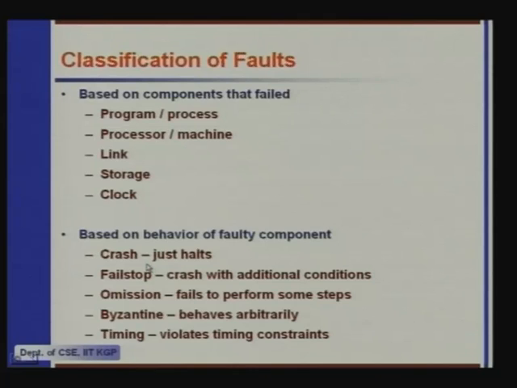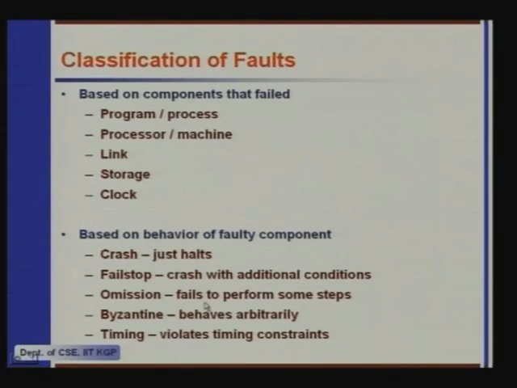One is crash fault. A crash fault is a fault where the process which crashes or the processor which crashes just halts. That means that it stops participating in any further activity forever. That is the definition of a crash fault. Fail stop is an extension of crash faults with some additional conditions, we will see that later.